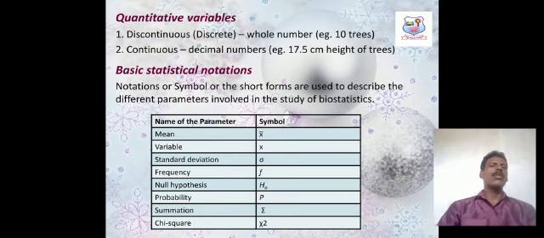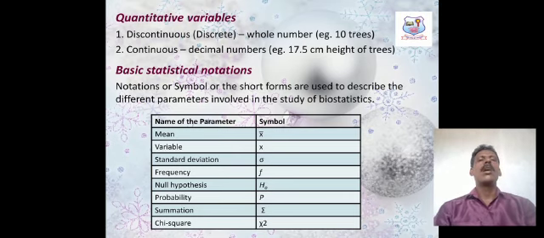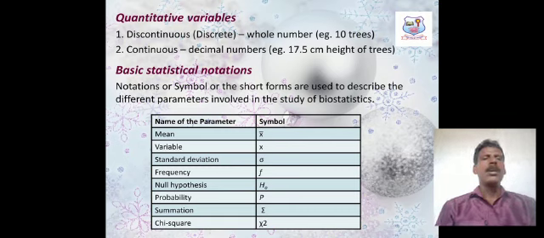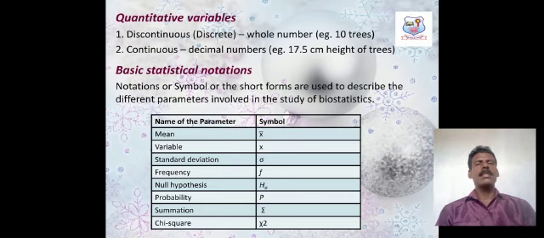It does not fall under discontinuous variable. Instead of that, we categorize it as a continuous variable. So in this case, you have to categorize the data as discontinuous or continuous variables. Then only can we adopt the best method of statistics for analysis and interpretation.